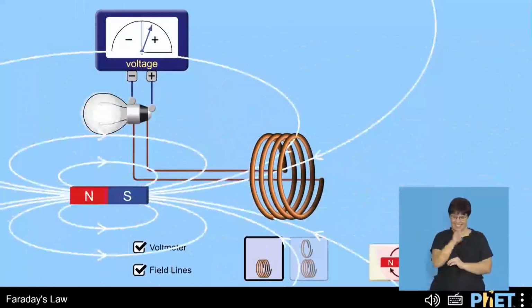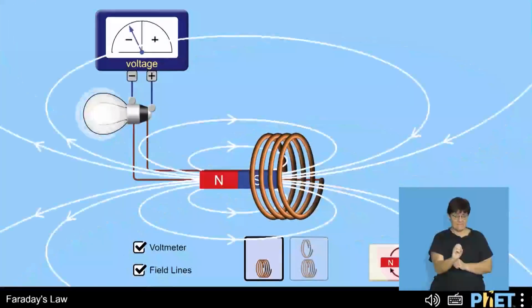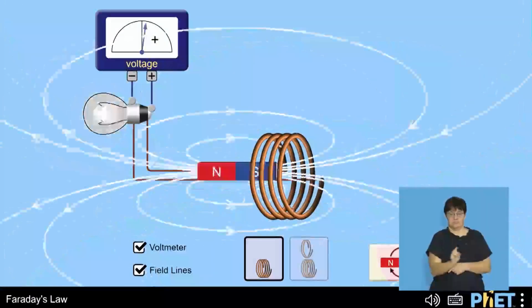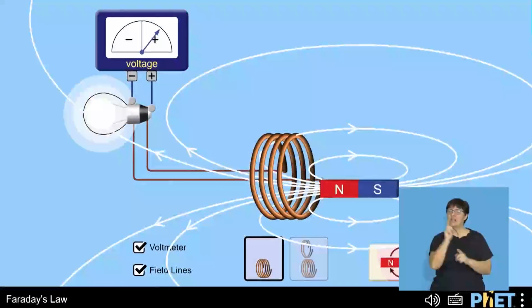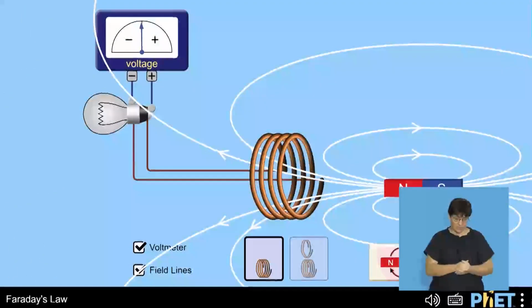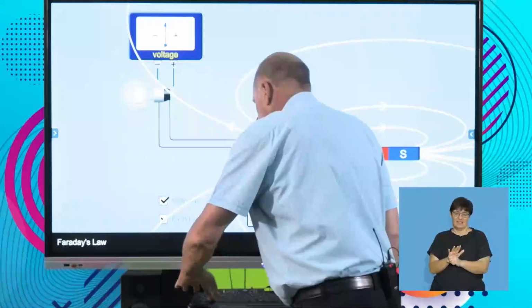And you can see that it's jumping backwards and forwards in a much bigger way if I move it just backwards and forwards over here. Because there's a bigger change, or the rate of change of magnetic flux is bigger. And so that helps us to understand the factors that affect our induced EMF.